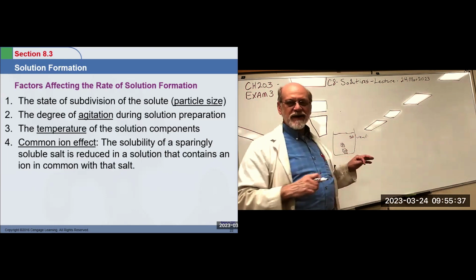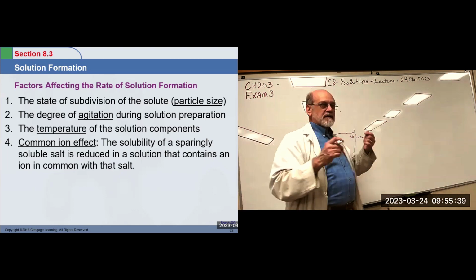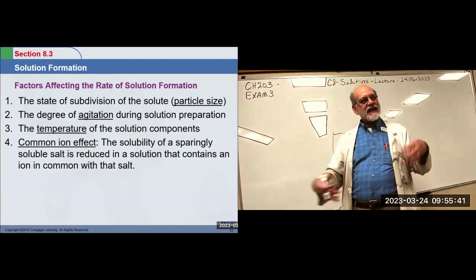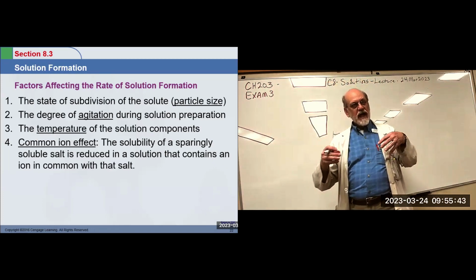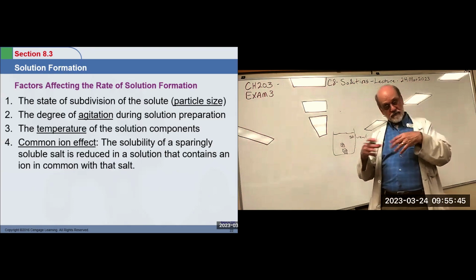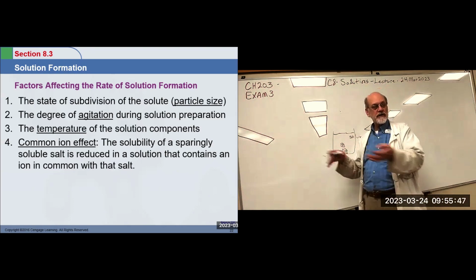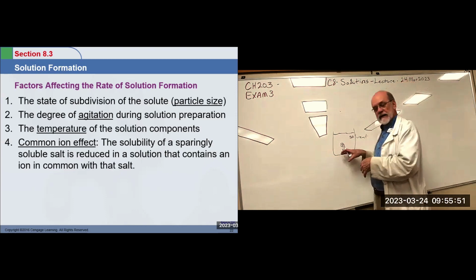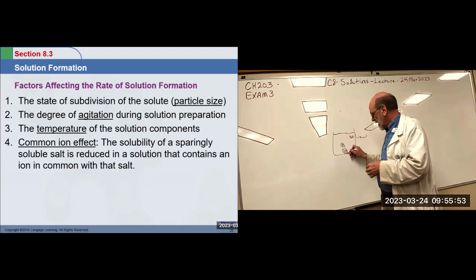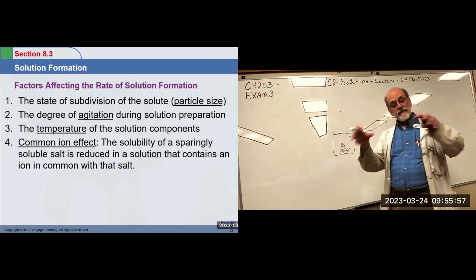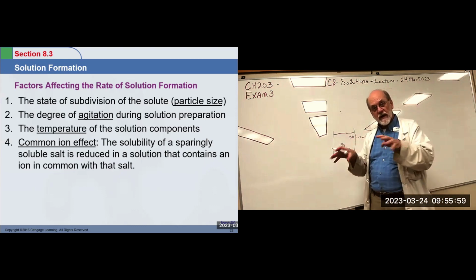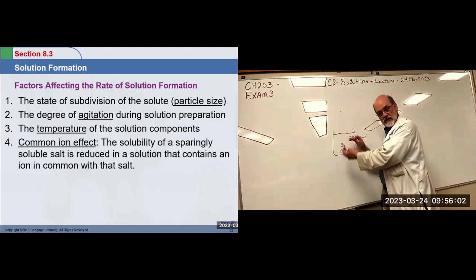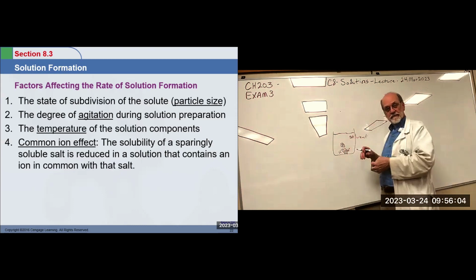Let that cube sit on the bottom, then the water is attacking the cube. Take a salt of this substance, let's call it table salt for ease of discussion. Then sodium ions and chloride ions are going to leave the cube and go into solution, but they're going to build up a concentration around the cube, right?